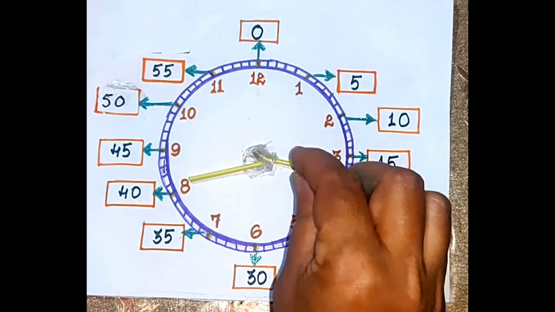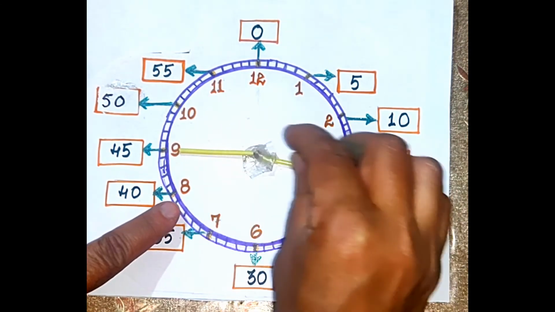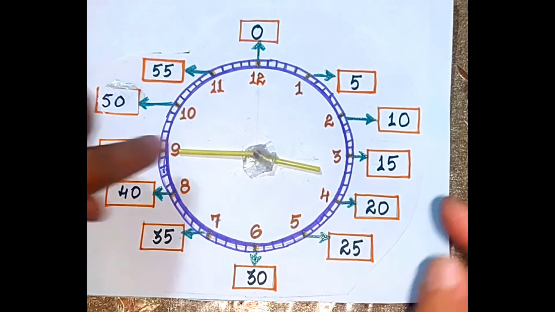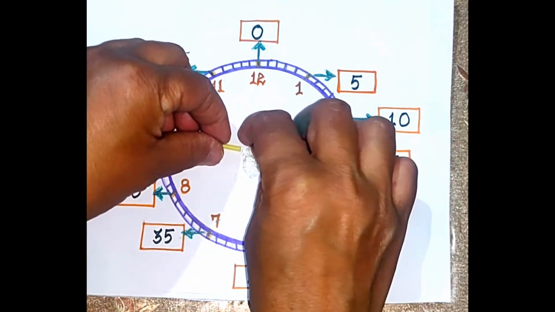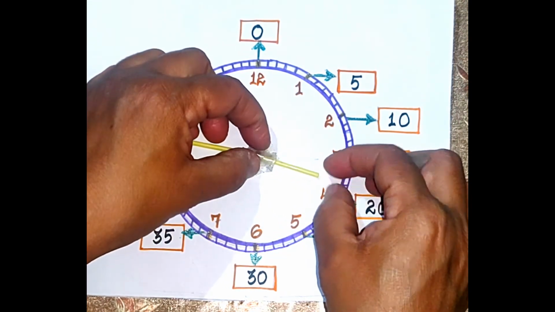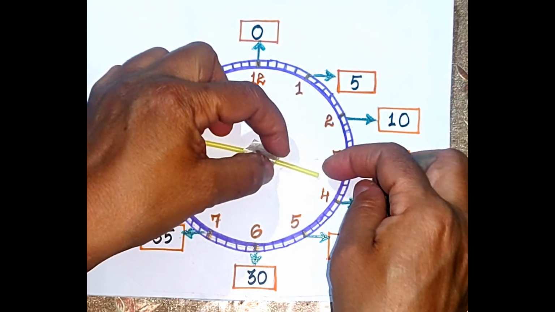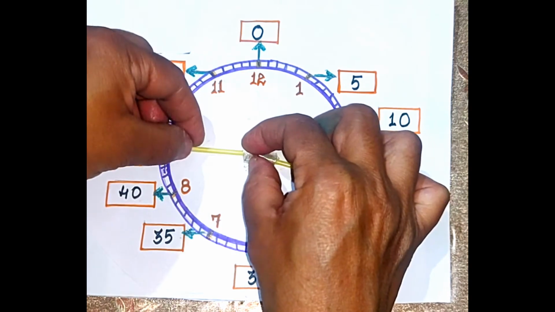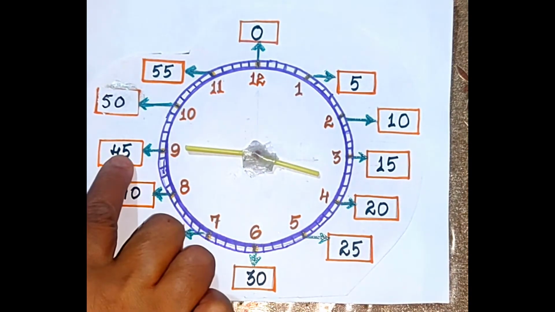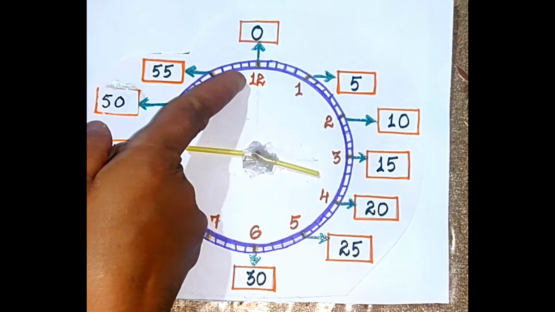Okay, now the minute hand is coming to 9. That is 45 minutes it has passed. The hour hand also moves here. It has just come near to 4. Not exactly on 4, just near to 4. Now you can notice how many minutes it has passed. 45 minutes. And how many minutes are left to reach 12?